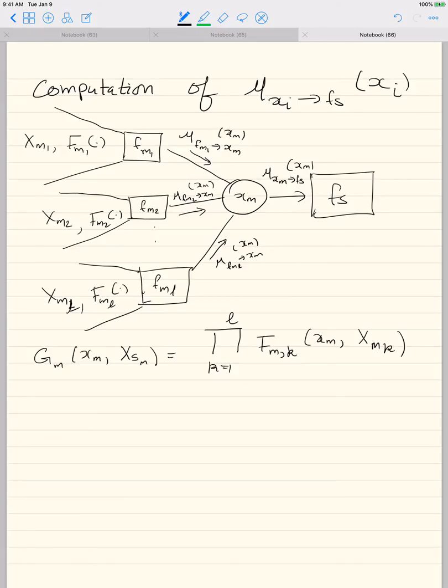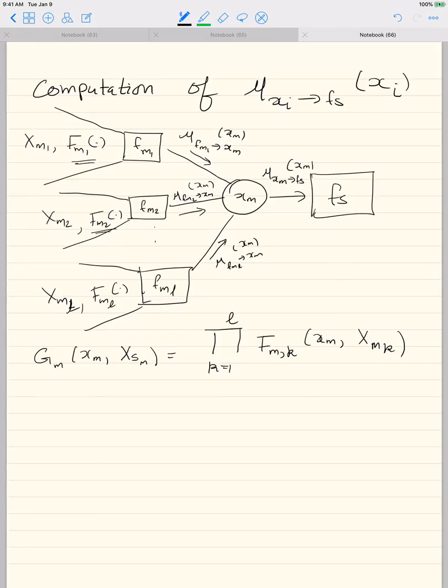So xmk are the variables in the tree with fmk as the root. Okay, so this is fm1 of xm, xm1, fm2 of xm, xm2, and so on. So we have to take the product of all the downstream variables. So gm is the product of factors with xm as the root in the downstream variables, so we just multiply them across the factors.